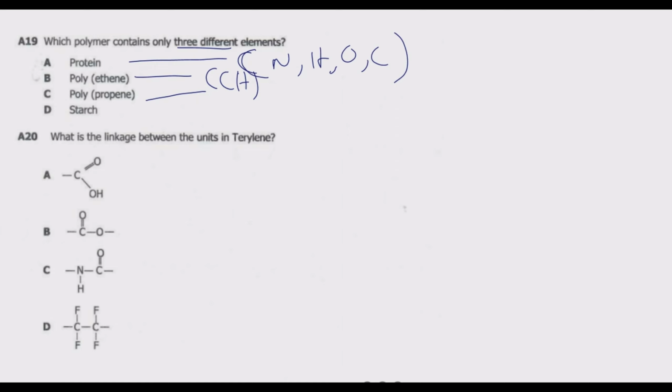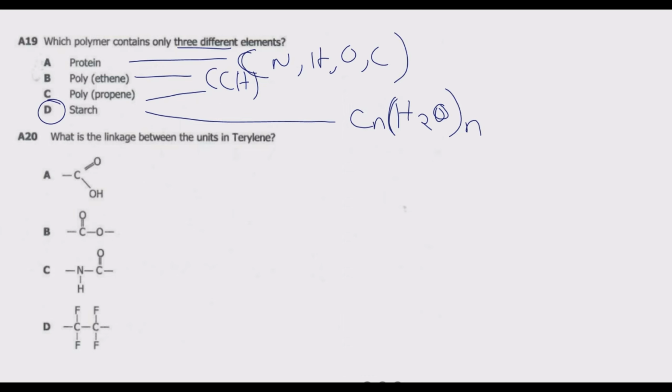Starch belongs to carbohydrates with the general formula CnH2nOn. You see that there are 3 elements here: carbon, hydrogen, and oxygen. So this is the one that contains 3 different elements.